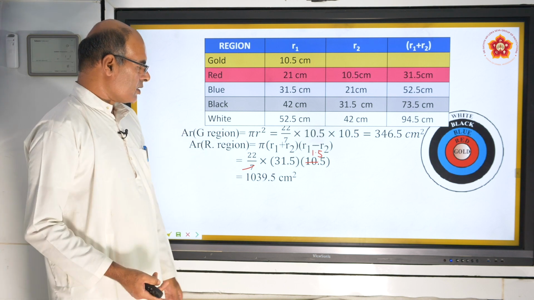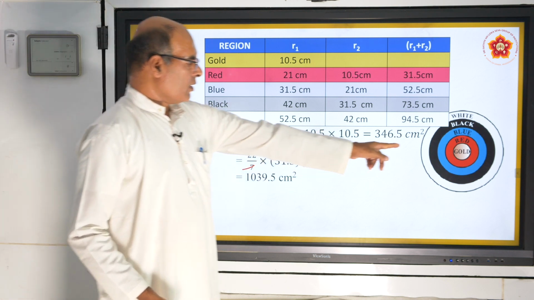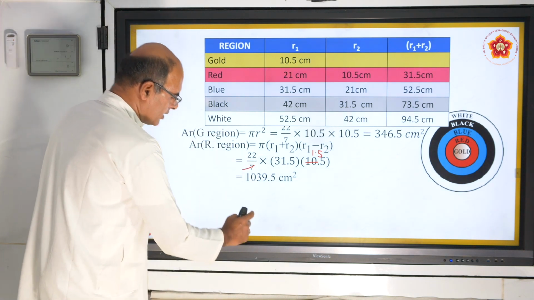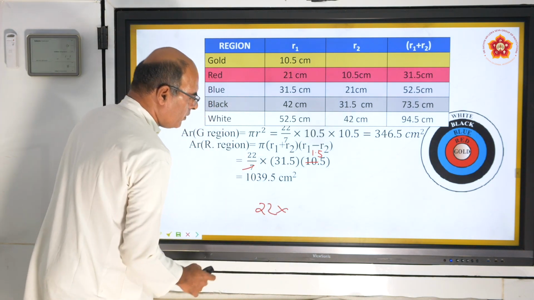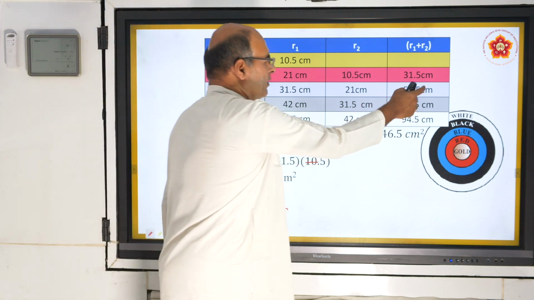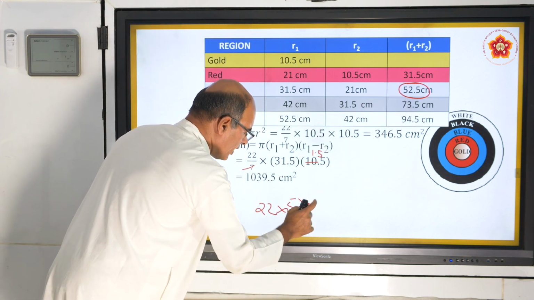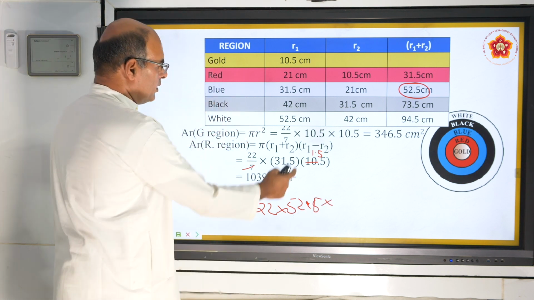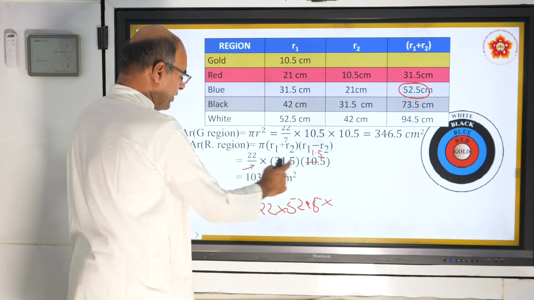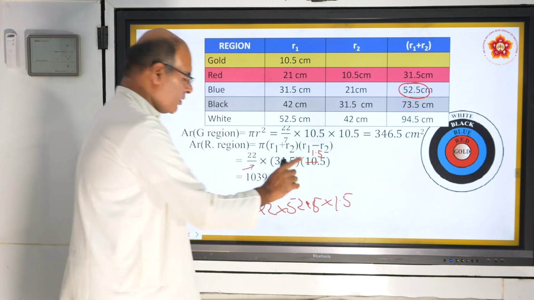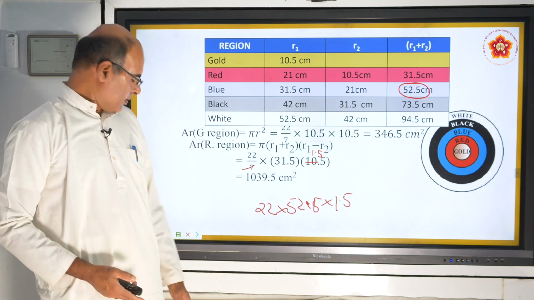For the next blue region, black region and white region, you can directly write 22 by 7 into the sum of the radii, like 52.5, into R1 minus R2, which is 10.5. When it is divided by 7, we have 1.5. So directly we can write it and calculate it.